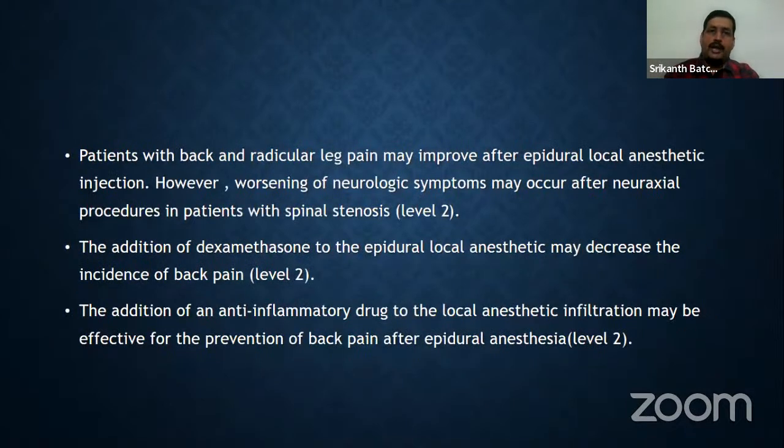So patients with back pain and radicular leg pain may improve after epidural local anesthetic injection. However, worsening of neurological symptoms may occur after neuraxial procedures in patients with spinal stenosis. In this subset of population, we have to take very much care, and in most cases we check the spinal diameter, and it's better to avoid regional technique in these patients.